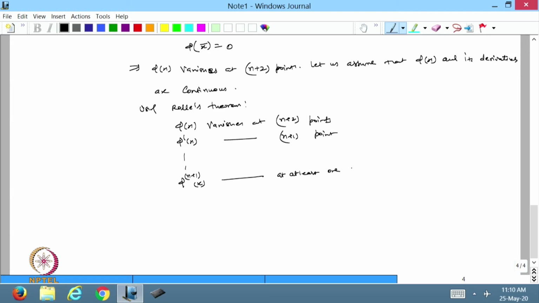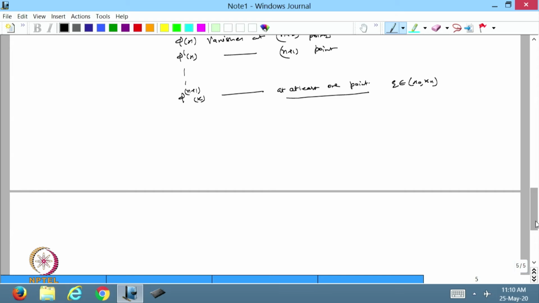Let us call it xi, which belongs to [x0, xn]. So from here I can say that phi^(n+1)(xi) is equal to 0.